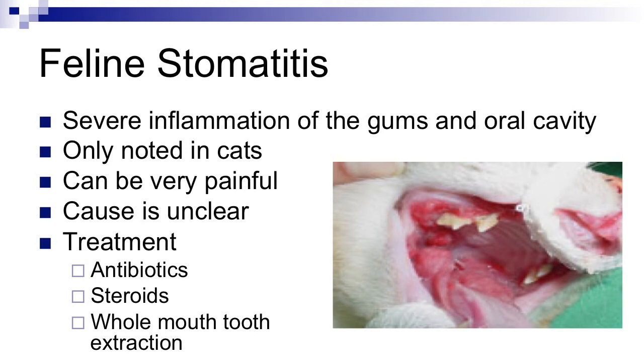Whole mouth extractions is a very common thing to do to try to get rid of where the bacteria are growing. Sometimes in that situation that doesn't work and we still are left reaching with things to try to suppress the immune system. I've euthanized cats over this because this is a really bad disease and sometimes a frustrating disease to treat. And unfortunately we don't know enough about it to know how we can prevent this disease.